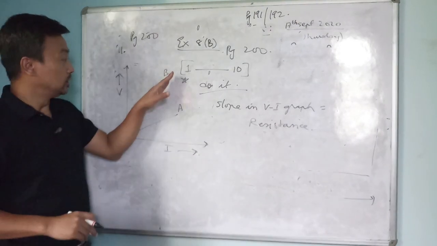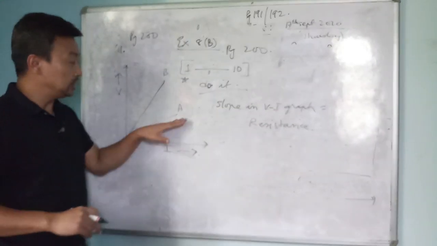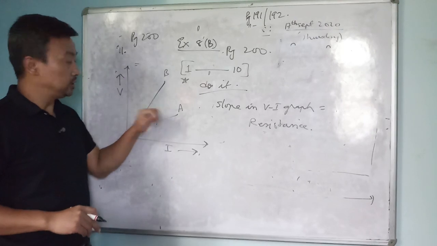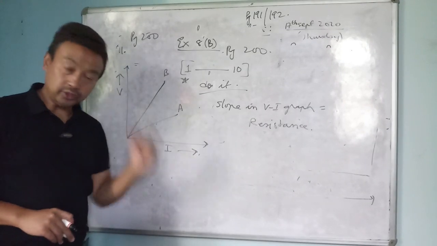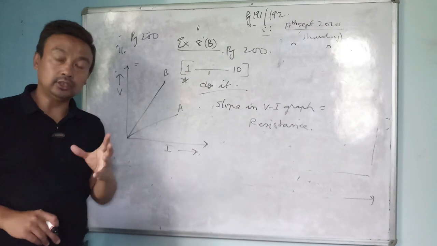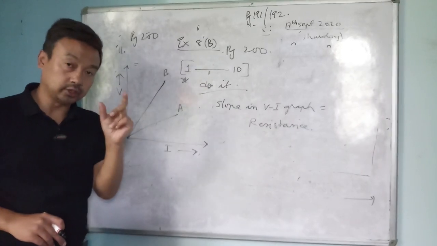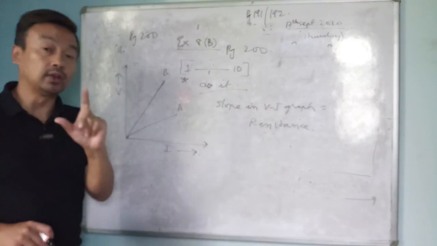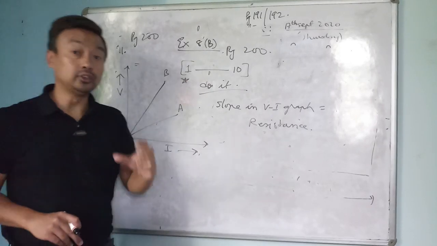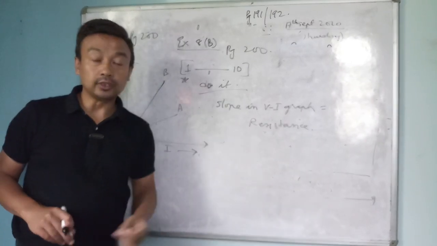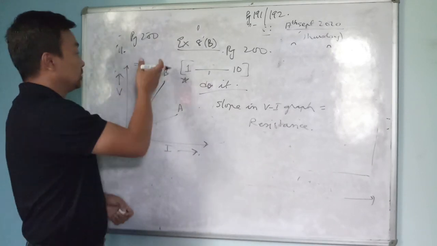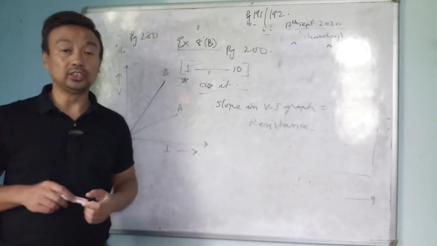So obviously this line A is less steep than the line B. That means it has less resistance. In which case do you have less total resistance, in the series or in the parallel? In the parallel you have less resistance than the individual resistance. So therefore line A represents the parallel combination and line B represents the series combination.